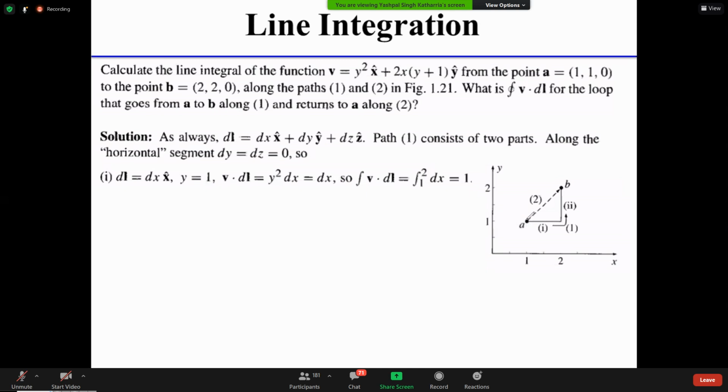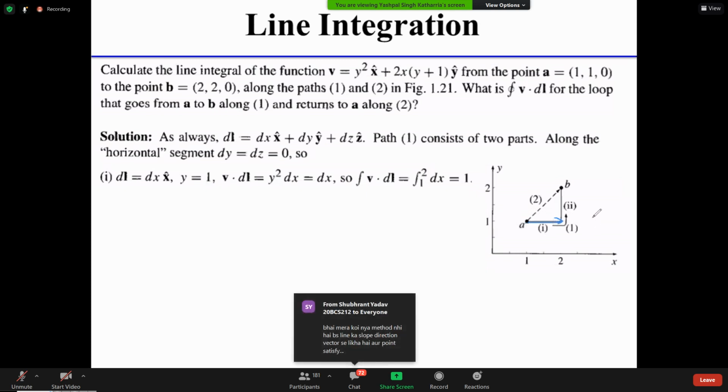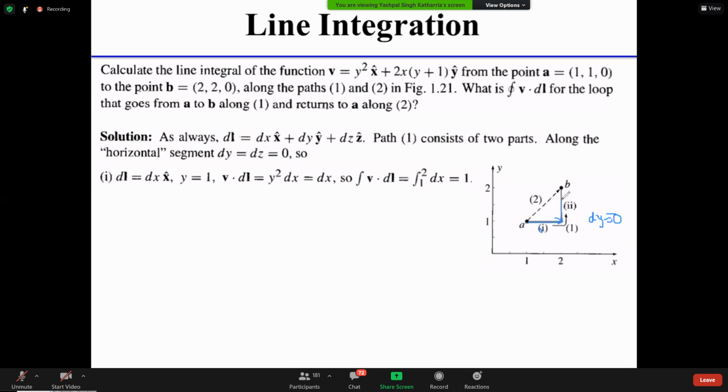So during this first segment of path 1, y will be constant. It means dy will remain 0. And then when you go along the second segment, obviously along this segment x will remain constant, so dx will be 0.